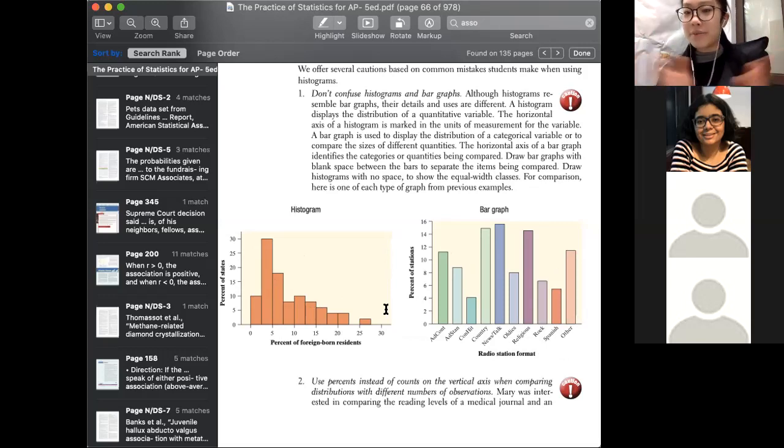So we need to be careful with those words. Unimodal basically means we only have one peak. But if it's like this, then it's not unimodal. You can say that you have two peaks.